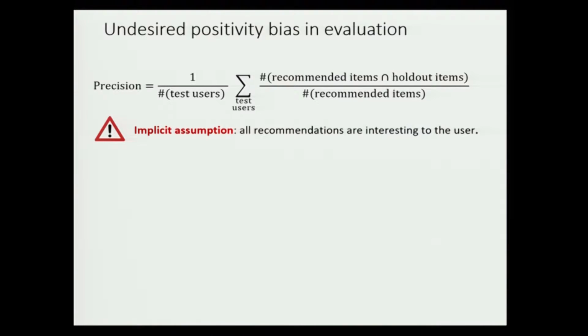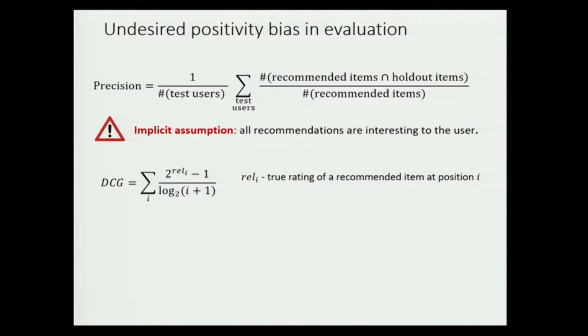But it may not be the case because the items from the holdout set that we evaluate our recommendations against can have not only positive feedback, right? They can also have negative feedback.